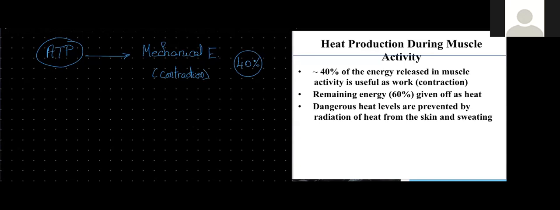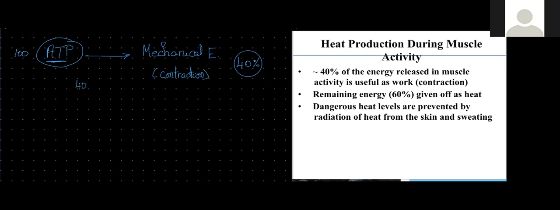So let's say I consumed 100 ATPs or 100 calories, and I measured the work that I performed, the mechanical movement itself. And I figured out that the mechanical movement I performed is worth only 40 calories, not 100 calories.